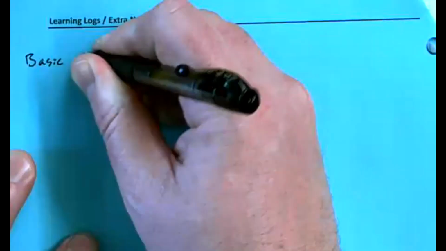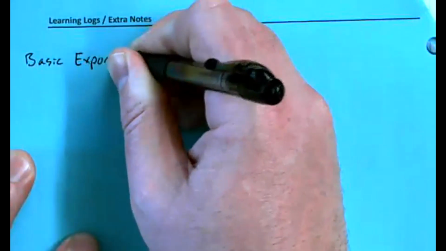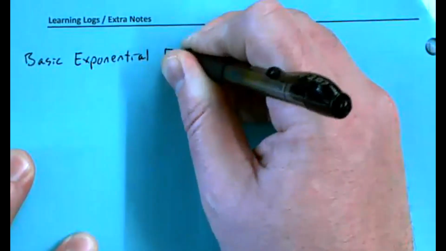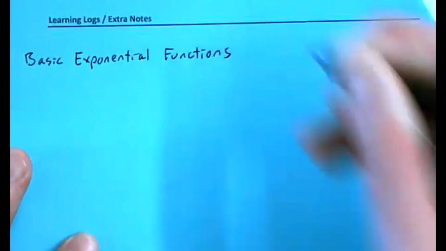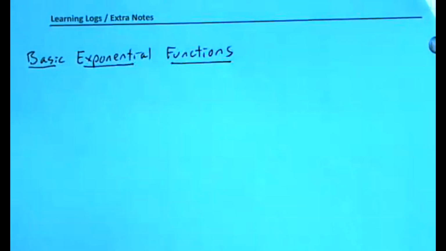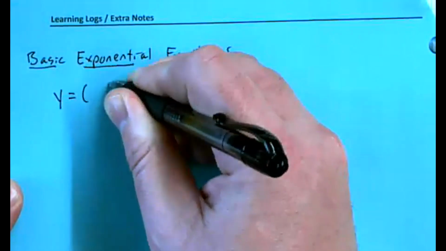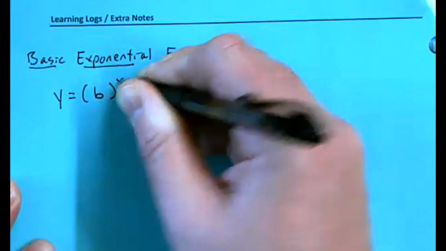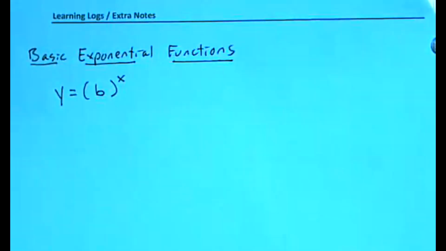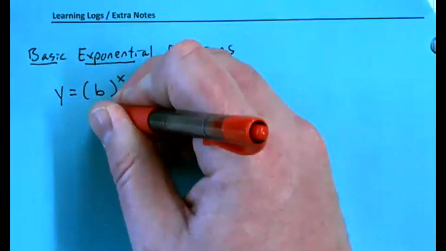We're going to make some quick notes on basic exponential functions. And for today, we're going to be focusing on exponential functions that have an equation that look like this. y equals, I'm going to call it b to the x power. And this b right here is just going to be a number.